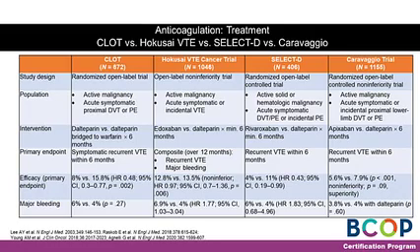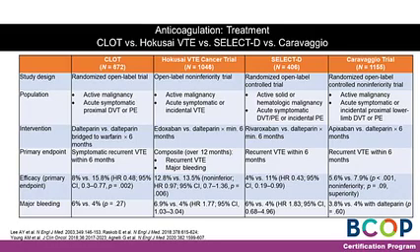The first is the Hokusai VTE cancer trial. This is an open-label non-inferiority study of over 1,000 patients with active malignancy and acute symptomatic or incidental VTE. Patients received either edoxaban or dalteparin for a minimum of 6 months, and their primary endpoint was unique in that it was a composite endpoint of recurrent VTE and/or major bleeding.